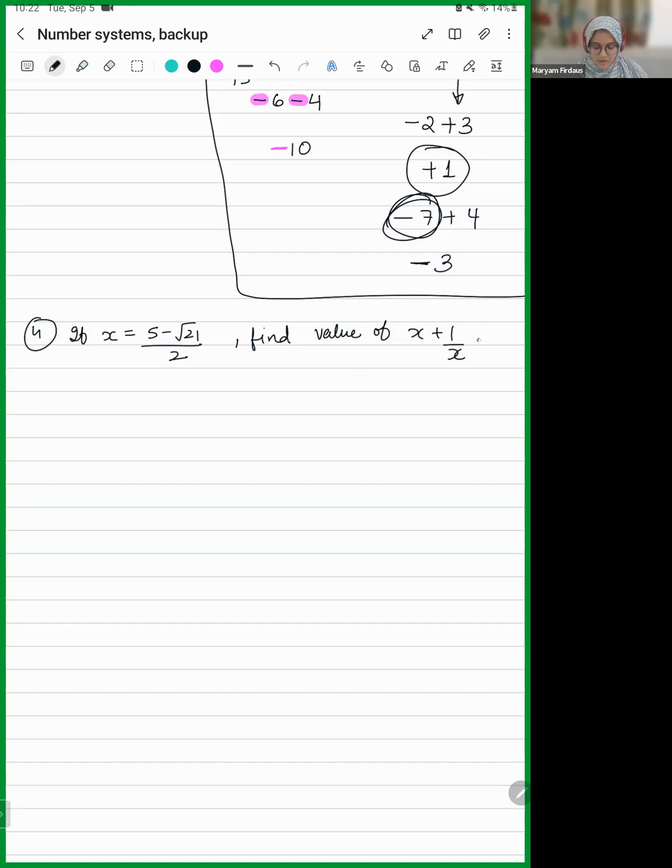I think you can just write that, that's it. And one more. If a is equal to 3 minus 2 root 2, find the value of a square minus 1 by a square. And then the last one.